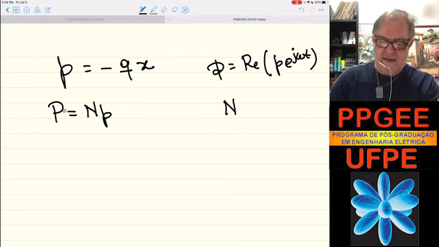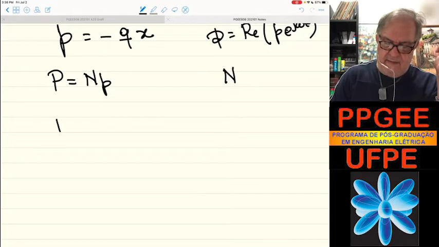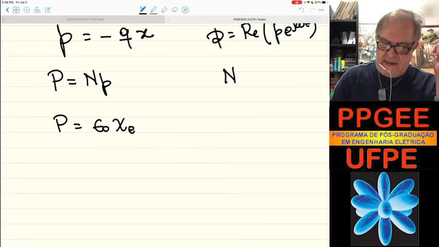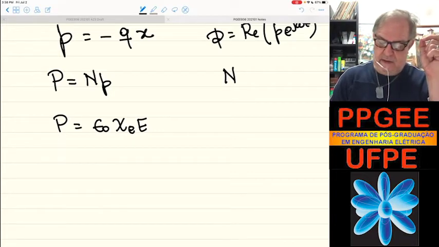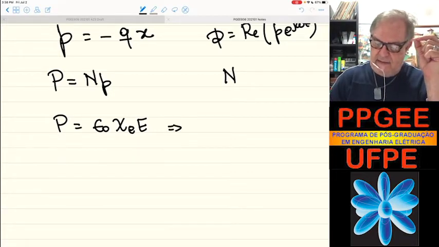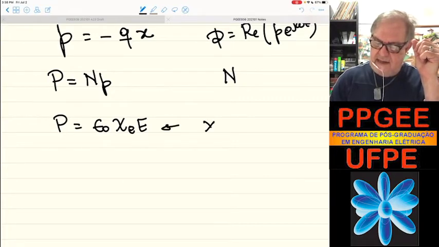Dipole moments, polarization. Then you go to polarization equals epsilon 0 susceptibility times E field, right? So we have that. I can calculate, right? So expressed like this, we determine chi e.